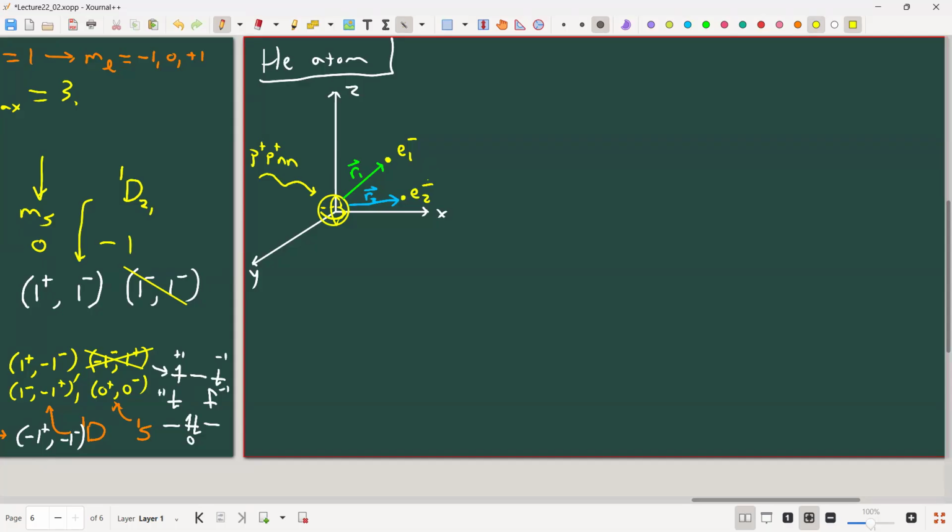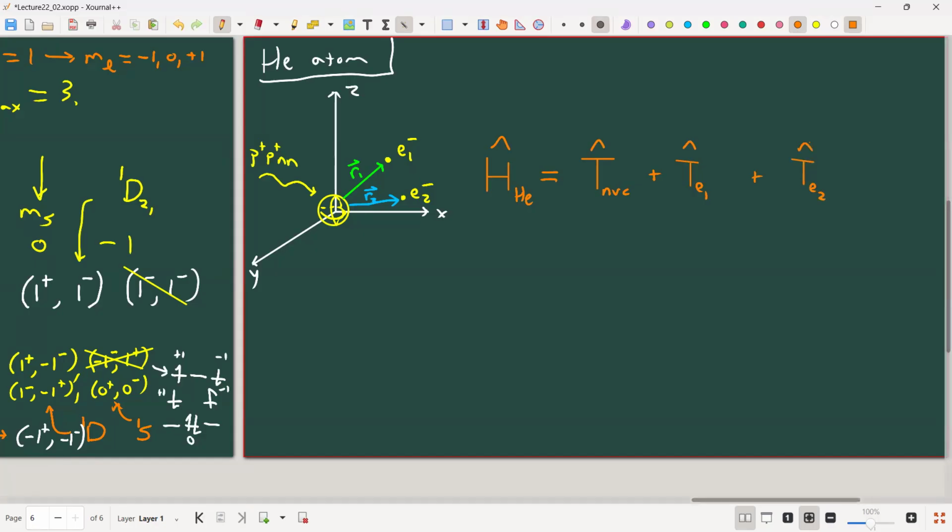Let's think a little bit about what forces are being felt. Let's do exactly what we did in hydrogen: add our forces and our potential energies together. So our helium Hamiltonian. First, we have kinetic energy. We have the kinetic energy of the nucleus, the kinetic energy of electron 1, and the kinetic energy of electron 2.